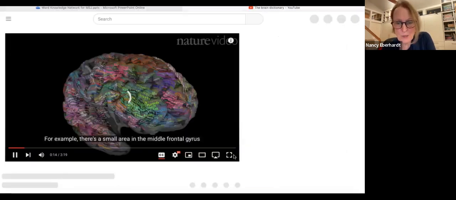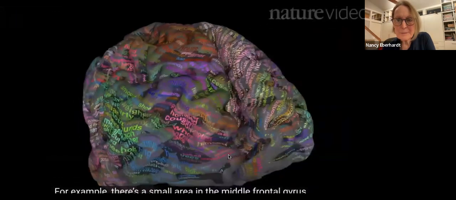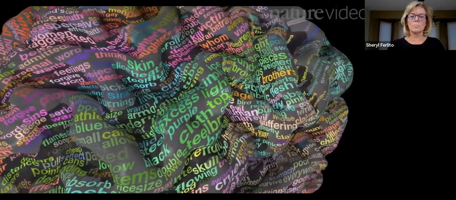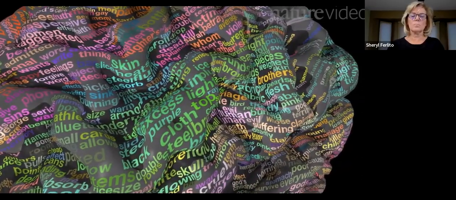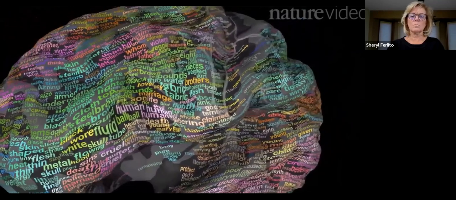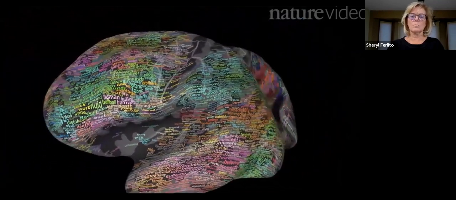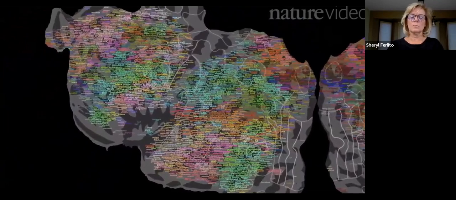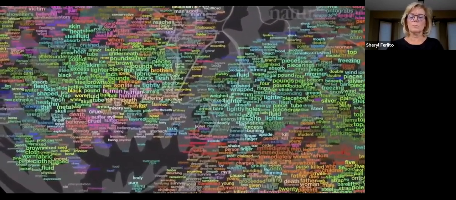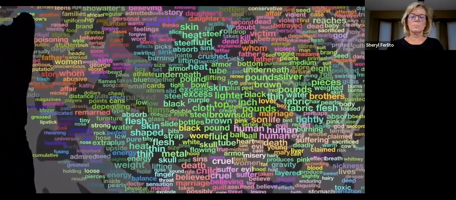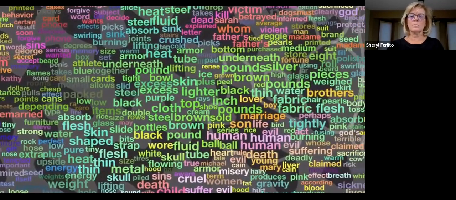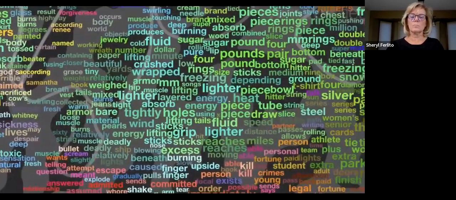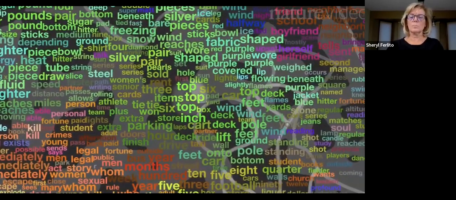For example, there's a small area in the middle frontal gyrus that reliably responds to hearing the word top. But it's not just one word, one location. A single word can activate a whole range of different brain regions. So we find the word top in a bit of brain that seems to respond to words associated with clothing and appearances. But also here with numbers and measurements.